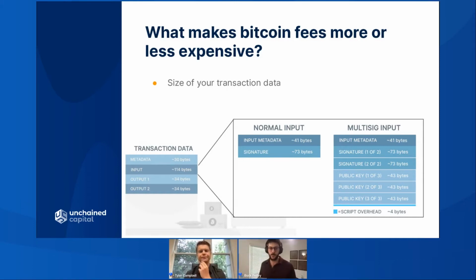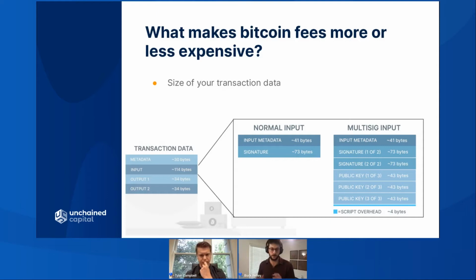In a normal single signature input, say you have a single signature with a single device, there's just that 1 signature. There's a lot more data in multisig. It's not just the 2 signatures if you're doing a 2 of 3, but you also have to show the public key for each key in that quorum. So if we have 2 of 3 with Unchained, that means you have to show each of the public keys that might sign.